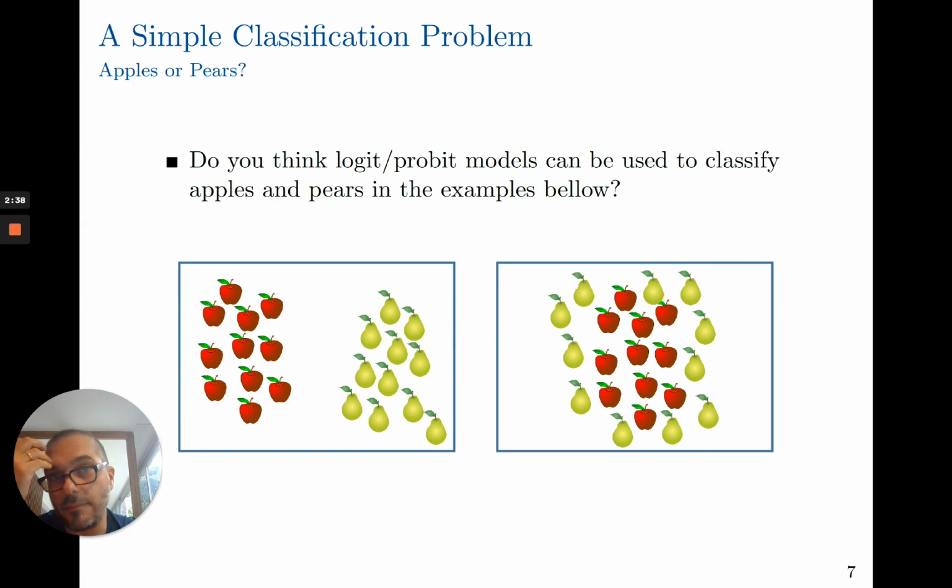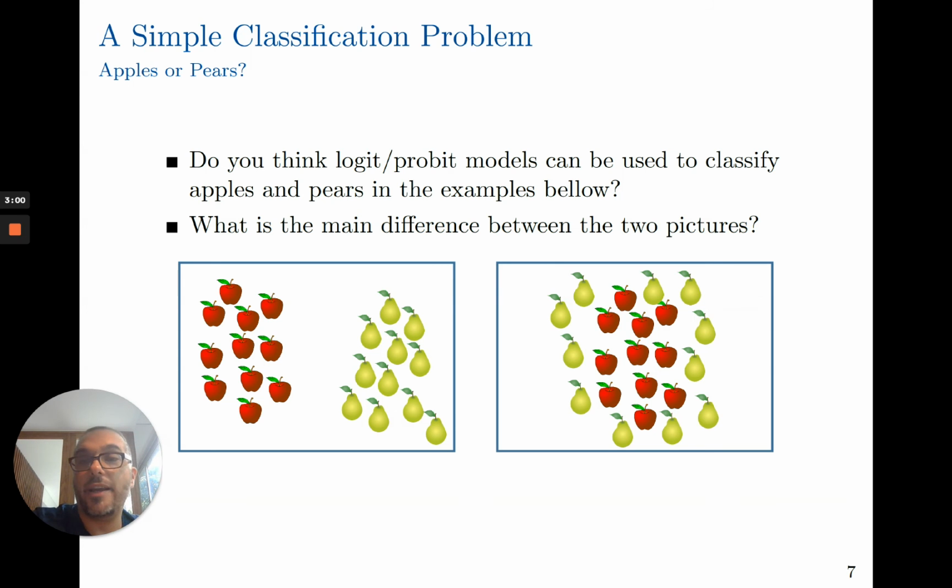Look at these two classes. We have apples and pears, and I want to decide where the apples are and where the pears are. Do you think logit and probit models can be used to classify apples and pears in the example below? What do you think? Think a minute about that.